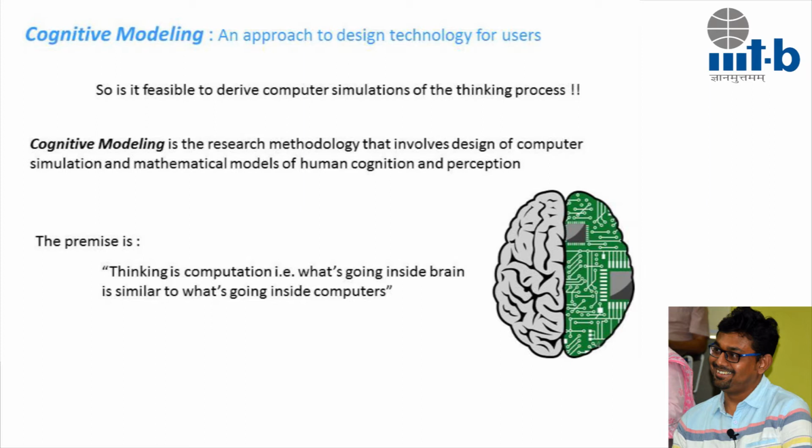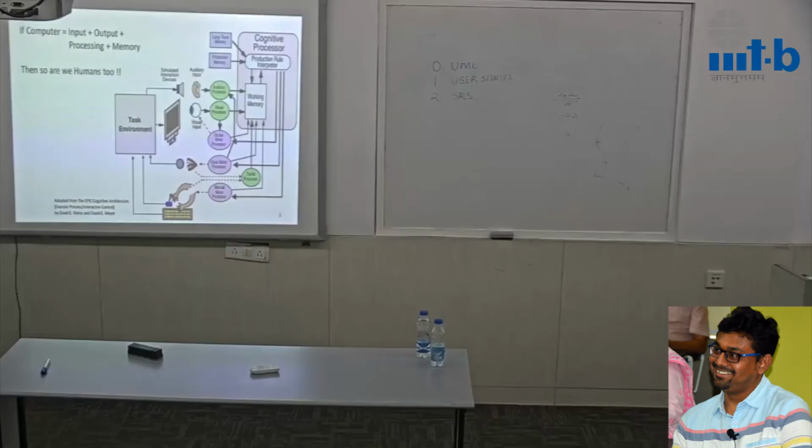But the premise with which it works is that the thinking going on in a human's mind is a kind of computation, because what's going on inside the brain is also what's going on inside a computer. Because computers, we know from the basic definition, are input, output, processing and memory. We too have that, at all levels. We have a big memory.